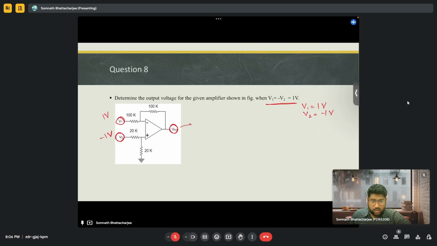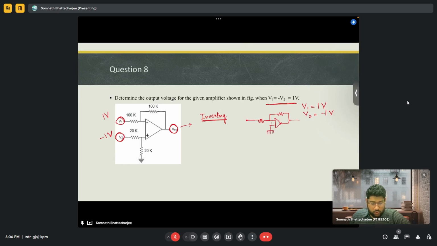So this structure is very similar to some structures. From this part you can say this is an inverting structure where we have a resistance here and a resistance here, and if this is an op amp, this should have been to the ground.